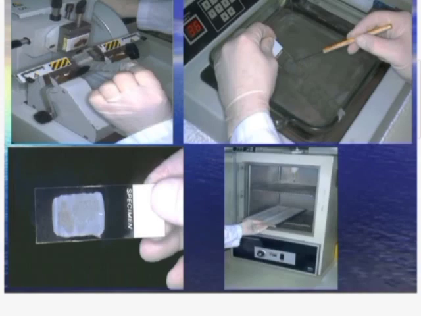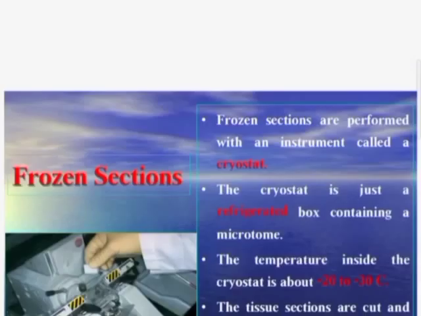This section is then put over the glass slide, and this glass slide is then put in a microwave oven, and here the spread of the tissue occurs over the slide. It is also known as the mounting of the tissue over the slide.